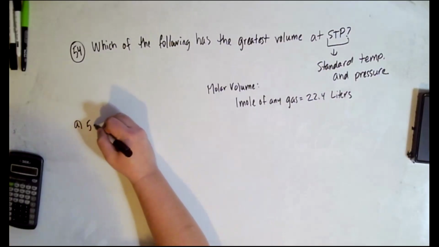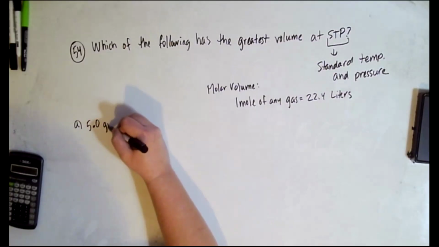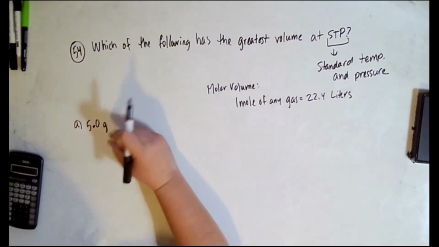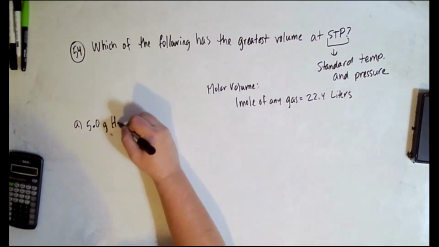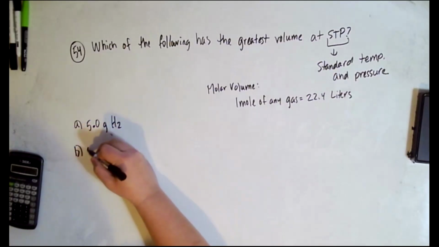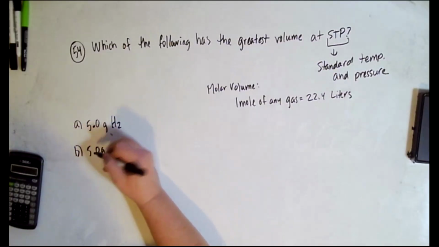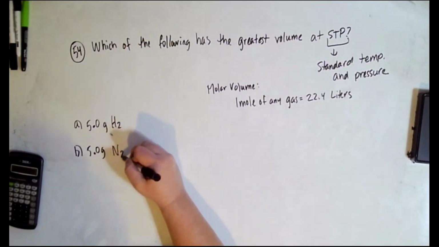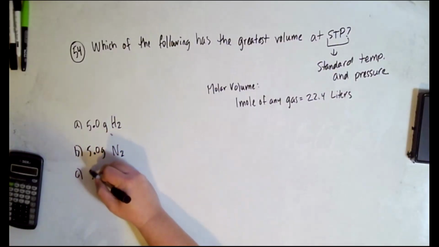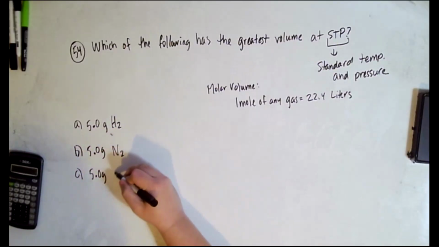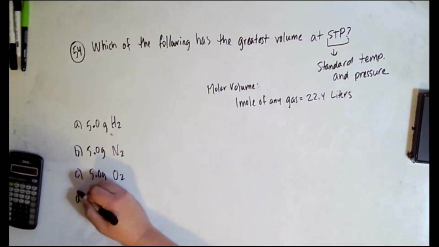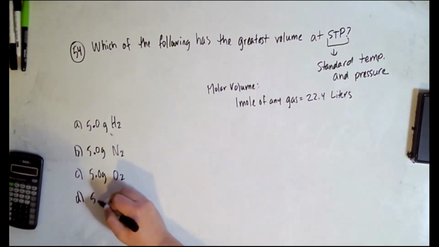They're giving us 5 grams of hydrogen, 5 grams of nitrogen, 5 grams of oxygen, 5 grams of carbon monoxide.